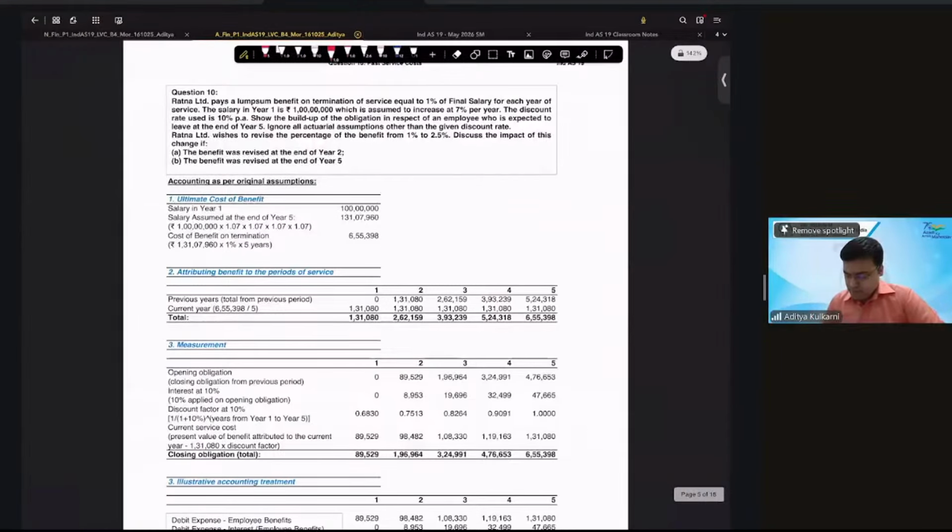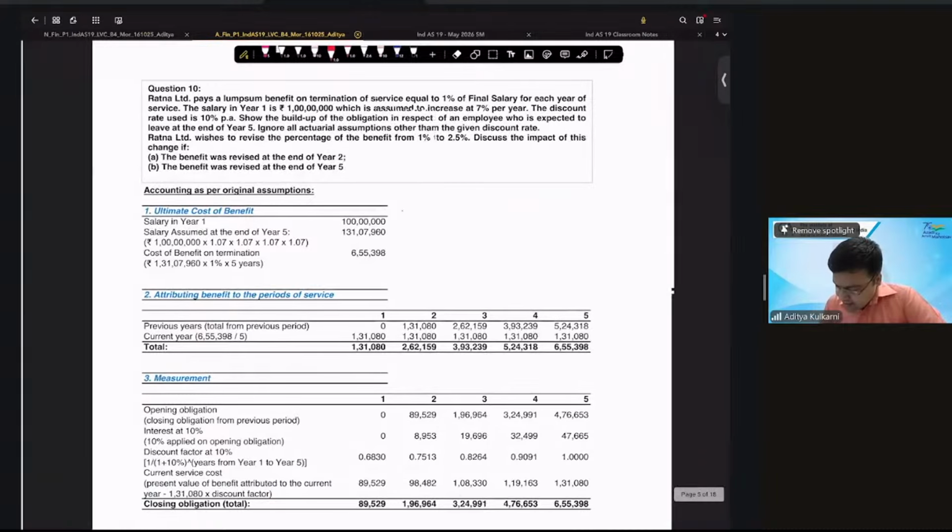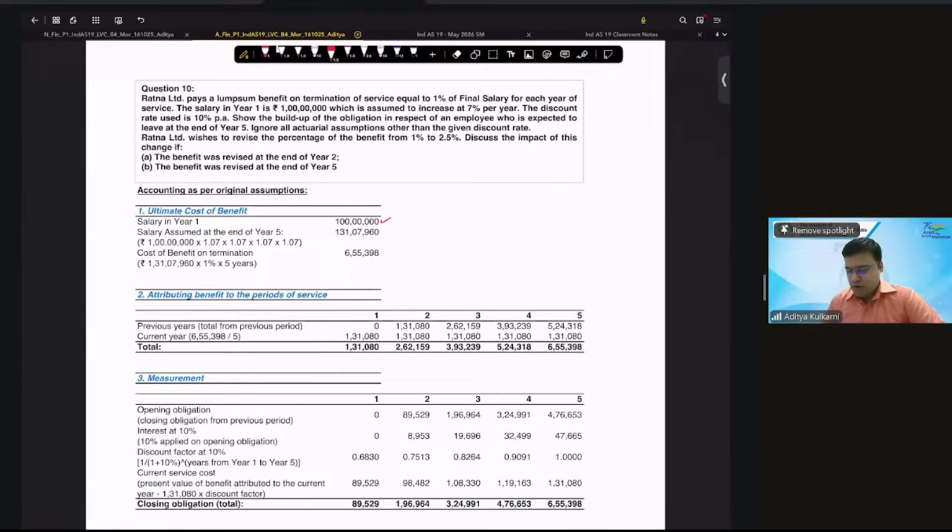The solution. Salary in year 1, 1 crore. No doubts here. Salary at the end of year 5. Every year, the increase is 7%. So 1.07, 1, 2, 3, 4. Many students make a mistake here.